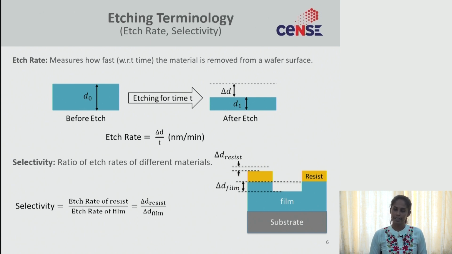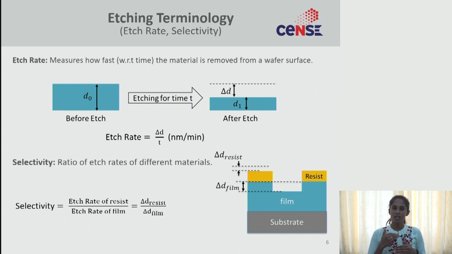The next term we have is selectivity. Selectivity is a very important criterion in dry etching. It can be defined as the ratio of the etch rates of different materials, that is, the etch rate of the resist or mask to the etch rate of your film.